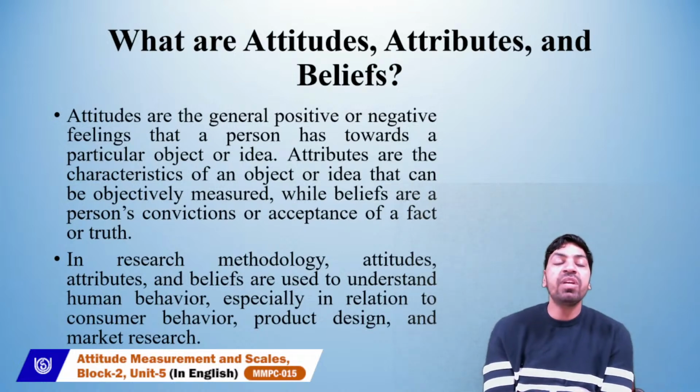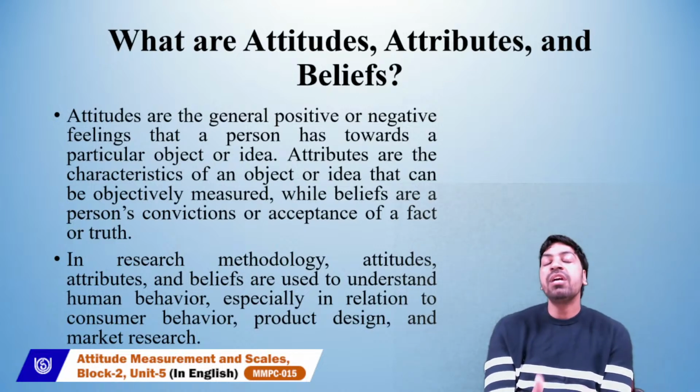In research methodology, attitudes, attributes, and beliefs are used to understand human behavior. With attitudes, we are talking about human feelings. With attributes, we are studying the characteristics of an individual, an object, or an idea.